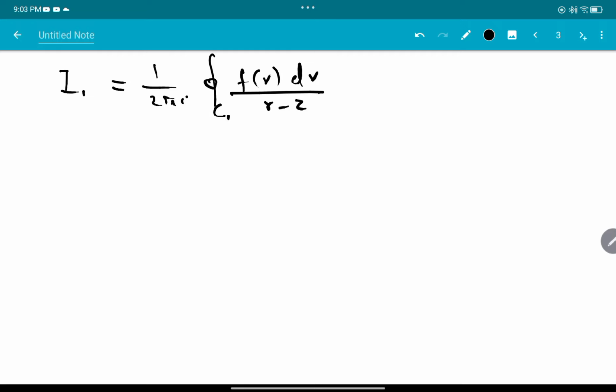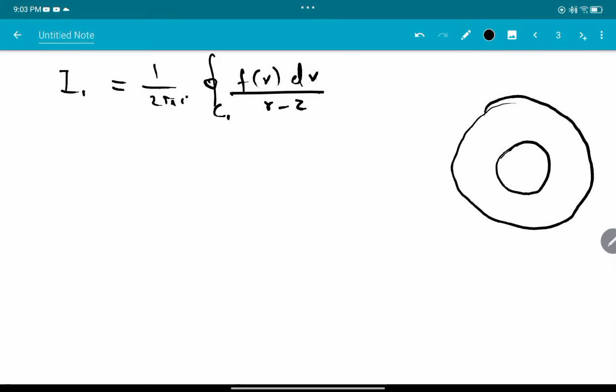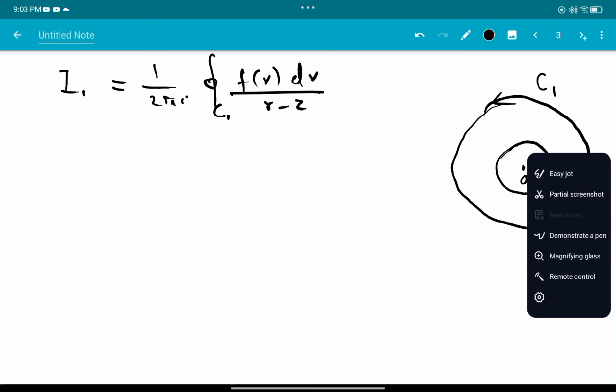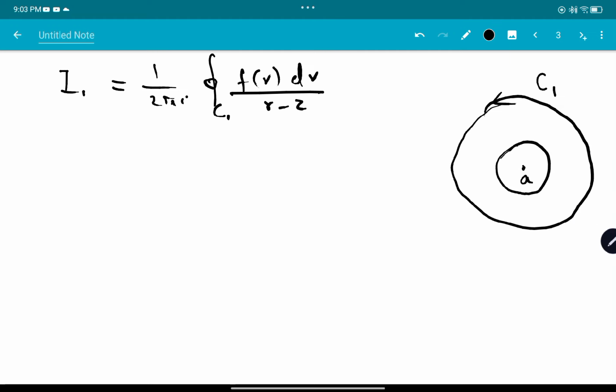Now, to evaluate this, the situation is here. This is C1, and this is A. Our region of interest is this, and our point z lies exactly in this region. z is a variable point in this region.